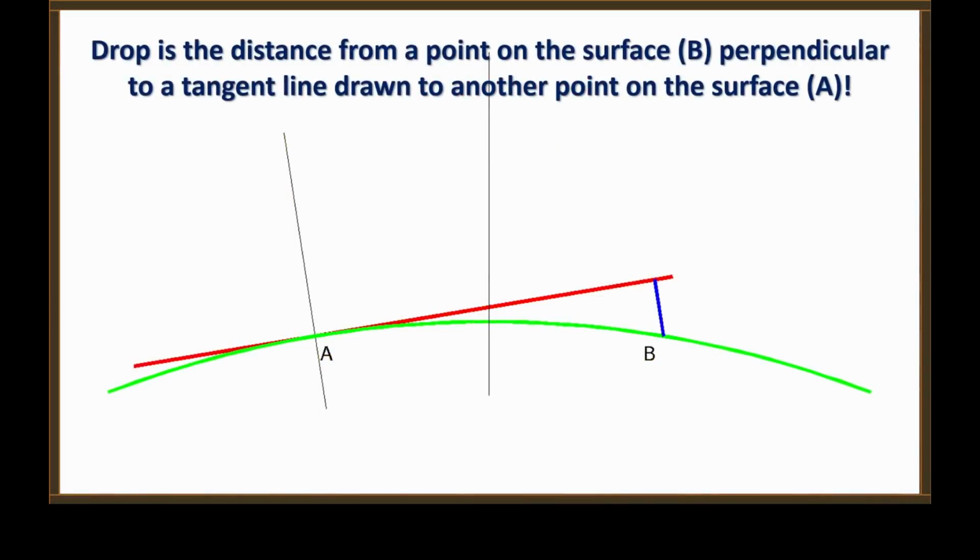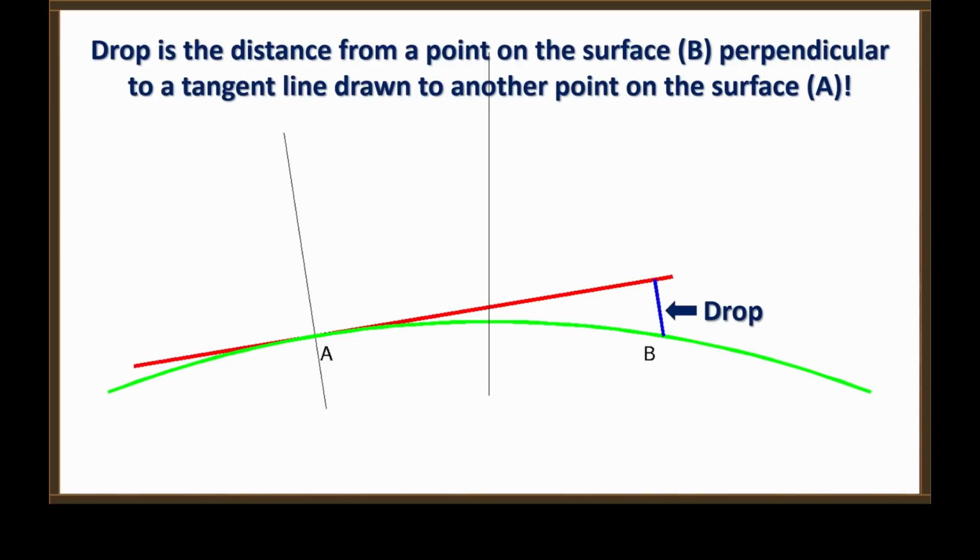The other day I watched a video from a guy that calls himself Right the Hand, and he claims that this thing we call drop in our curvature calculators is just wrong, and he can prove that mathematically. Now, for those of you that aren't familiar, drop is that blue line you see on this sketch.